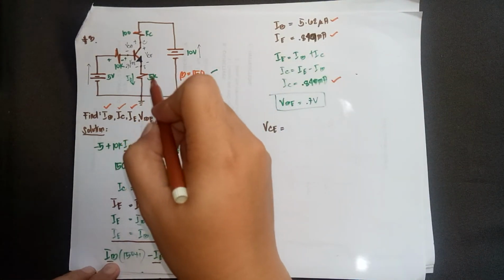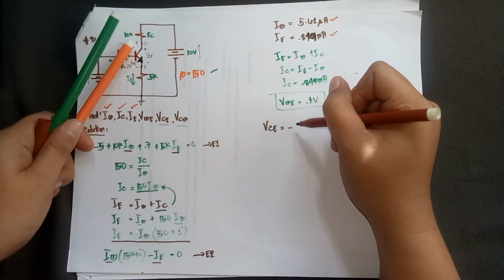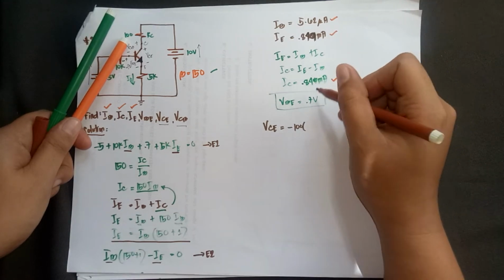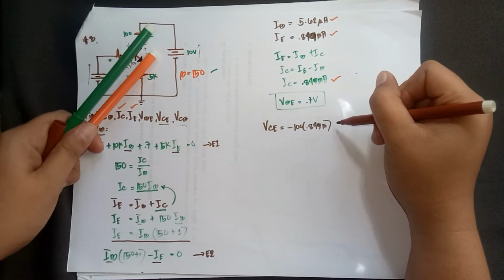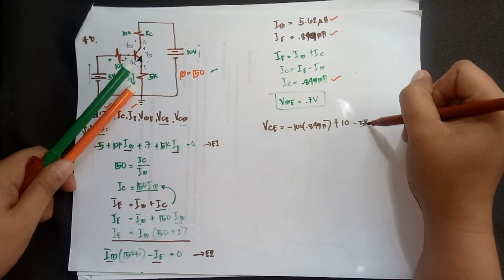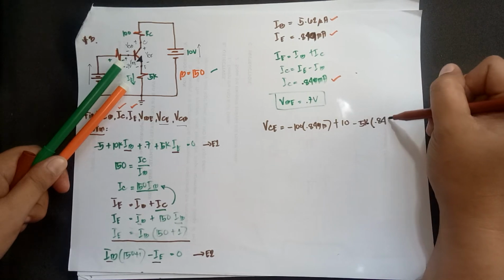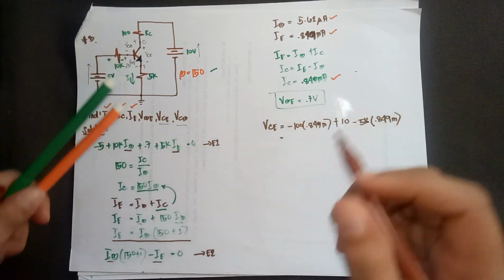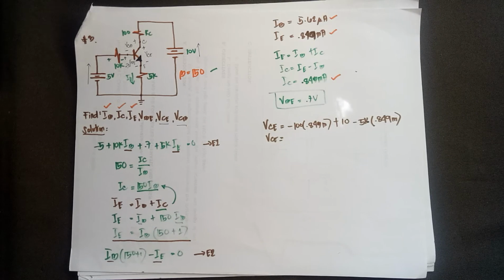VCE. Diretso ko na ha. VCE would be, I'm gonna have negative 100 times IC, which is 0.843 milliampere, plus 10 minus 5K IE, which is equal to 0.849 milliampere, which gives us VCE is equal to, pause ko lang and solve ko.